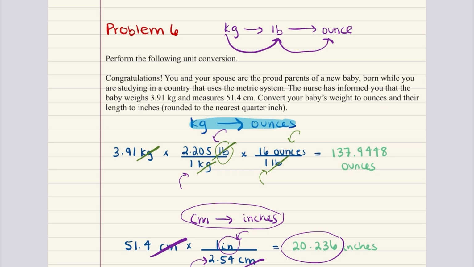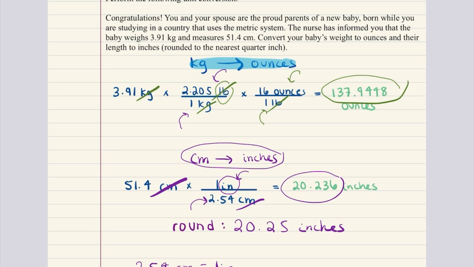Now we can just carry out this mathematical operation, and what we're going to get is 137.9448 ounces. So in this problem, we were able to convert the baby's weight from kilograms to ounces, and we were able to convert the baby's length from centimeters into inches.